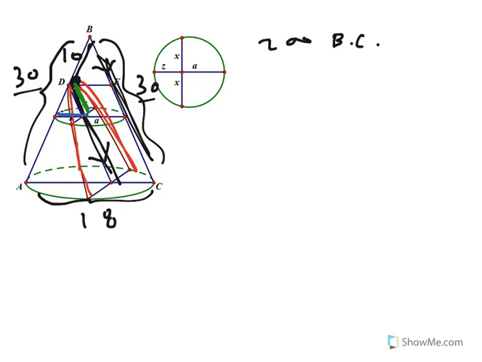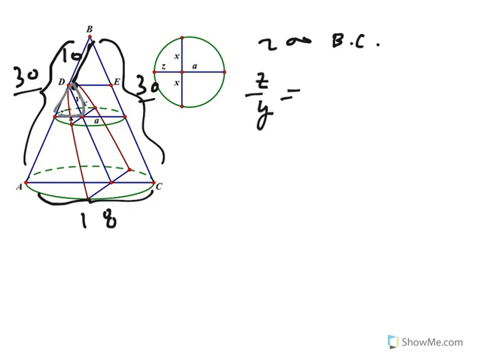Now this circle could be anywhere along the cone, but this is just a generic spot to put it at. So if you take a look carefully, what you'll see, whoops, let me get rid of some of this stuff. Because of this triangle right here, we can say z over y.